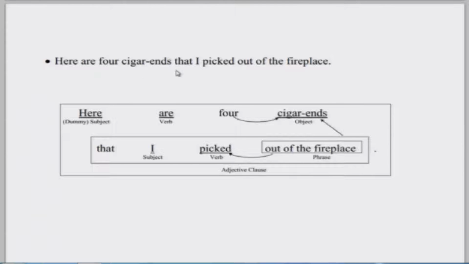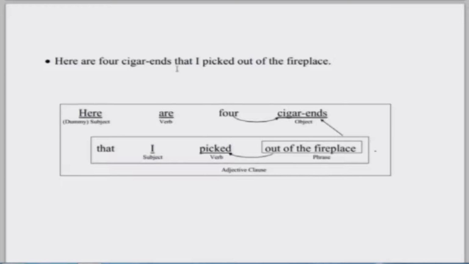Fine. So, now an example of an adjective clause. "Here are 4 cigarettes that I picked out of the fireplace." We specially picked up this example because typically adjective clauses get connected to the main clause with WH words, and that is the typical connector of a noun clause. But that is not universal. "That" also connects adjective clauses.